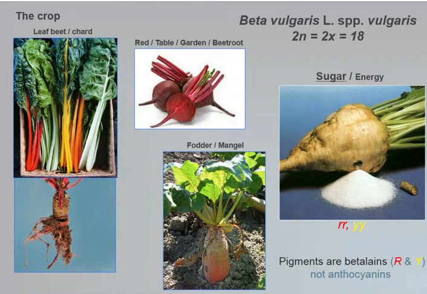So it's alternately red table garden or beetroot or vegetable beet. Fodder beets are another crop, and then we have the sugar beets, and now we're moving into the energy beets. So this is just taken from some commercial advertising. But basically 6 pounds of beets will give you 1 pound of sugar.